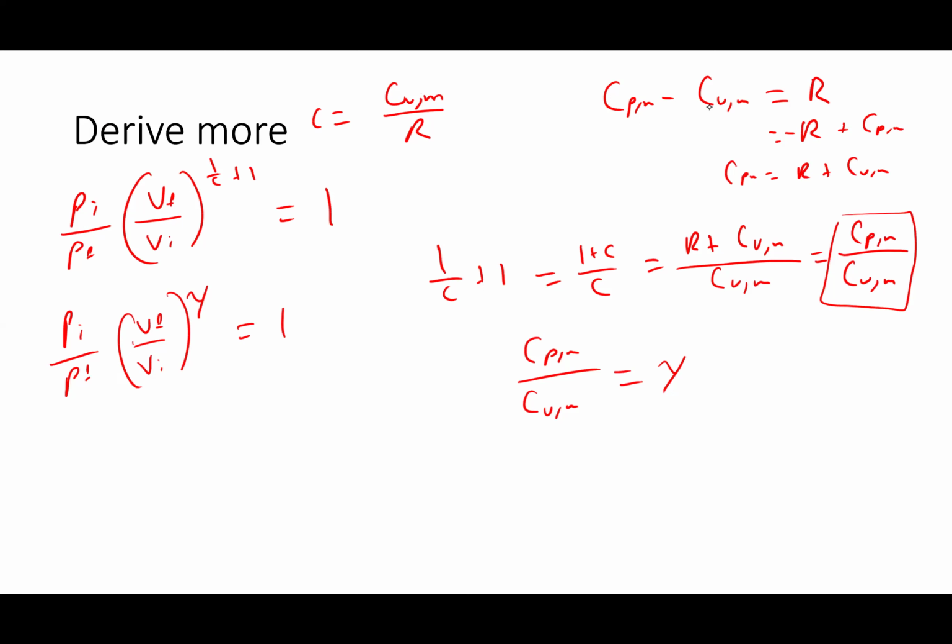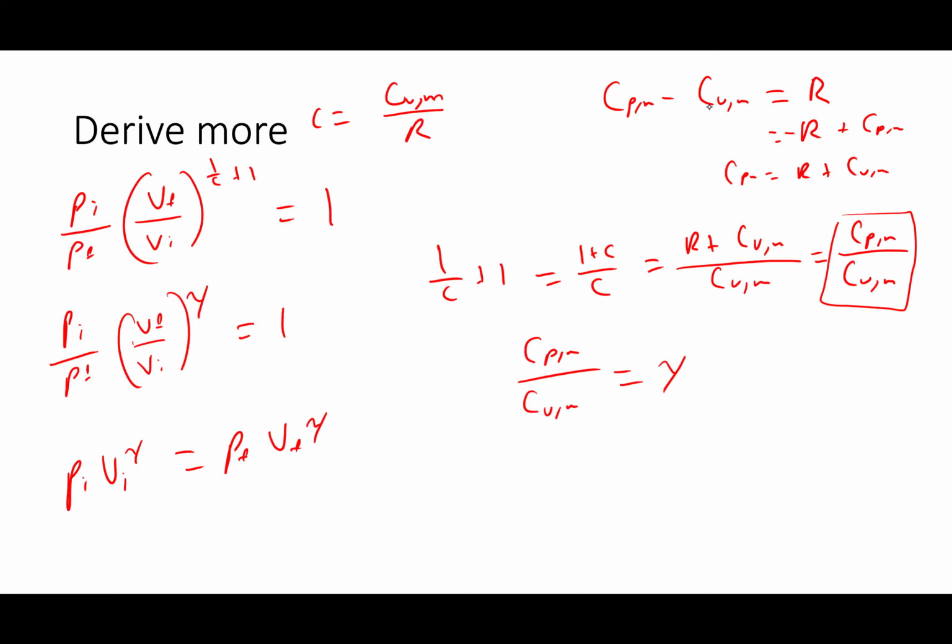If we rearrange this equation to spread things out on both sides, we can rearrange this to PI VI to the gamma power equals PF VF to the gamma power. This is, again, adiabatic expansion of a perfect gas.